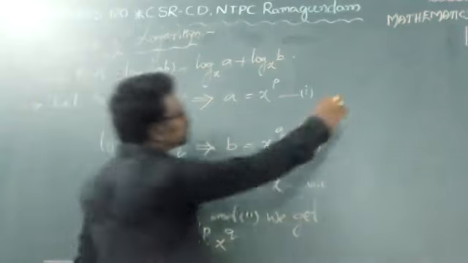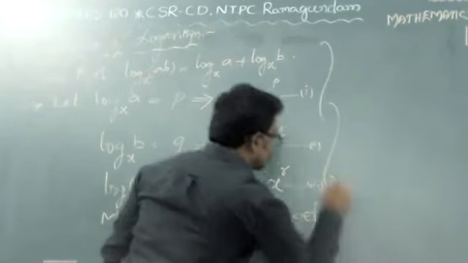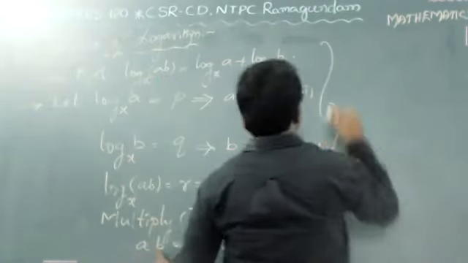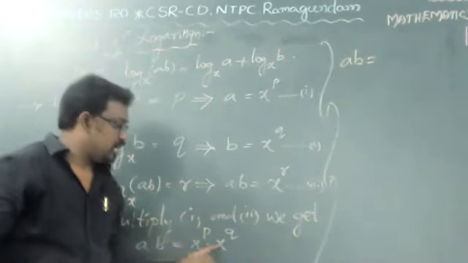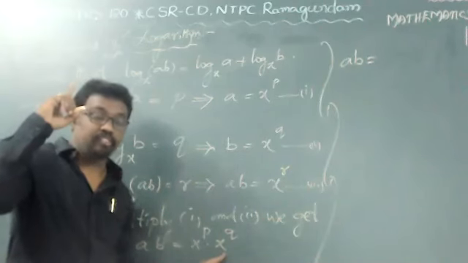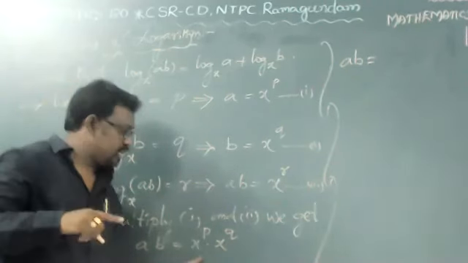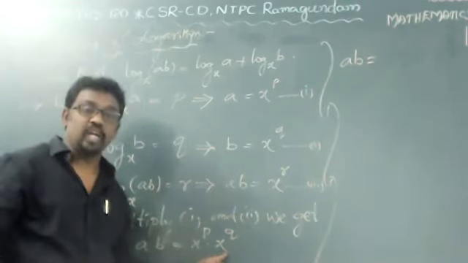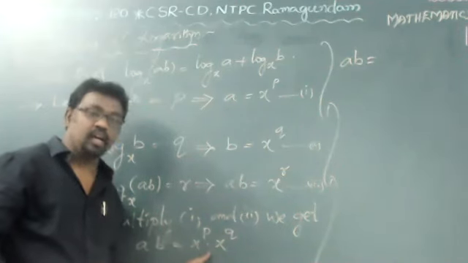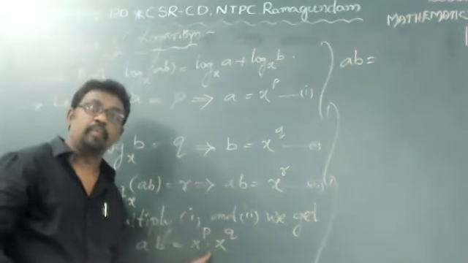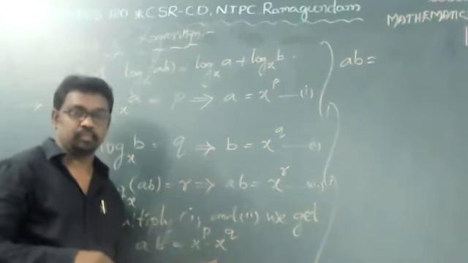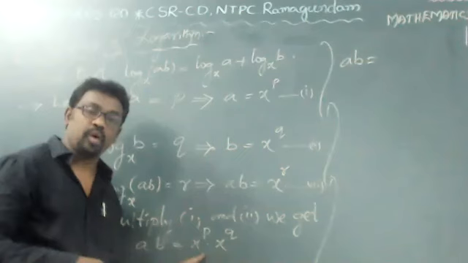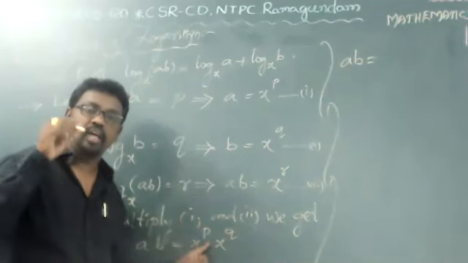And here, since the bases are equal, when it is a product, multiplication, the powers should be added. When the bases are equal and it is in product, the powers have to be added.